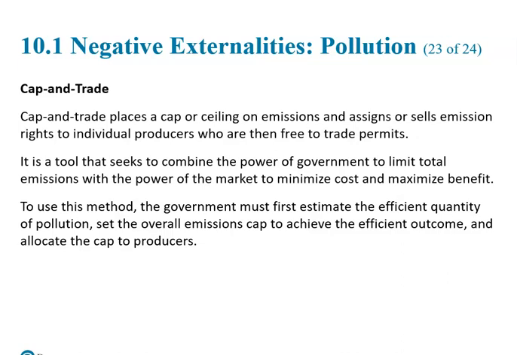So everyone will be assigned a certain number of trade permits as far as the amount of pollution that they can produce, and firms are basically in a position to actually sell or buy those trade permits or those pollution permits.